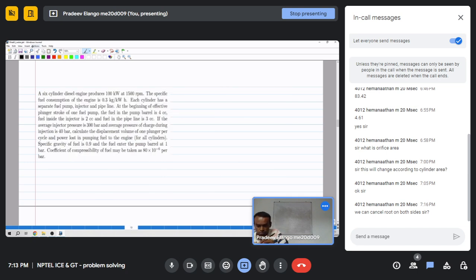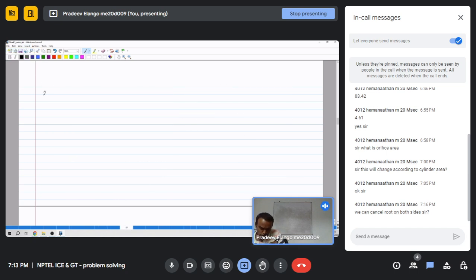Now next we have 2.3294 into root of 2 (175 minus P) into 10 power 5 by 850 is equal to root of 2 (P minus 25) into 10 power 5 by 850. So now I can take square on both sides. Then I will have 2.3294 square and the others will be the same.